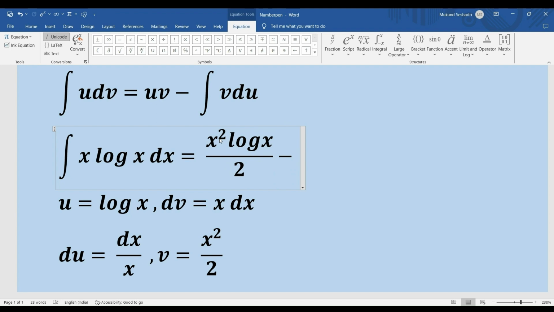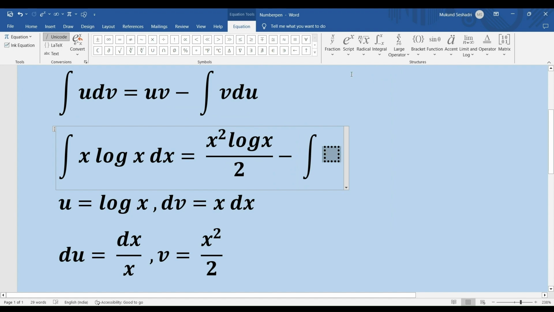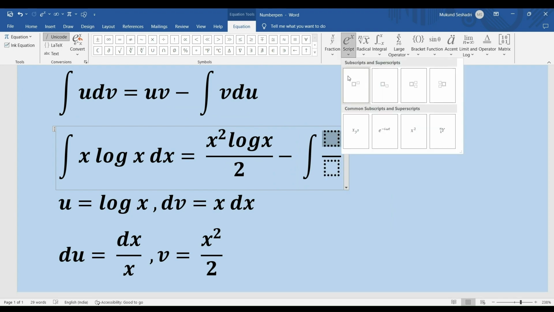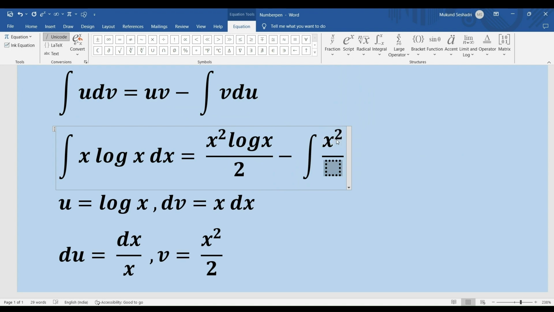So what is my v? My v is x square by 2, right? So let's write down what is our v first before we jump to du. And then I have my du is dx by x, right? So I have my dx, I have my x, right?